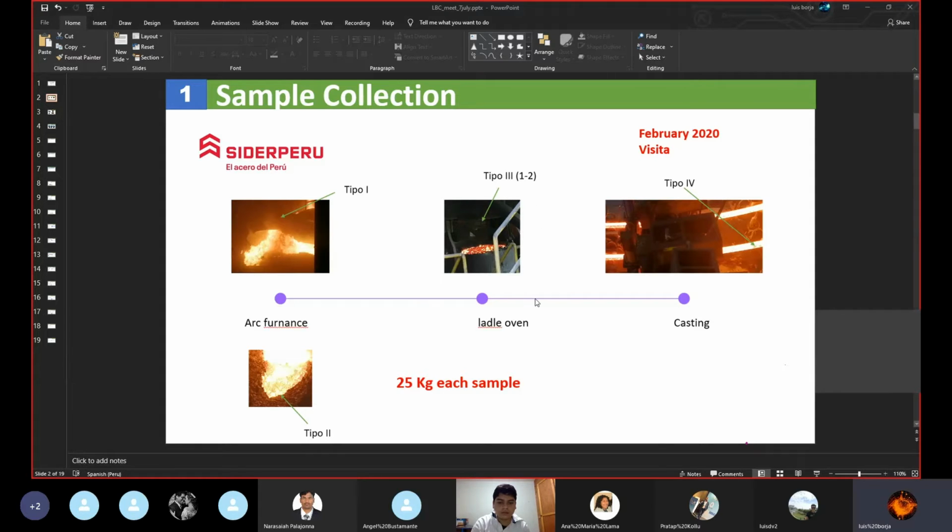Once this process of reduction is completed, the final product obtained is the dilution. The next process after the reduction in the ladle oven is the casting process.